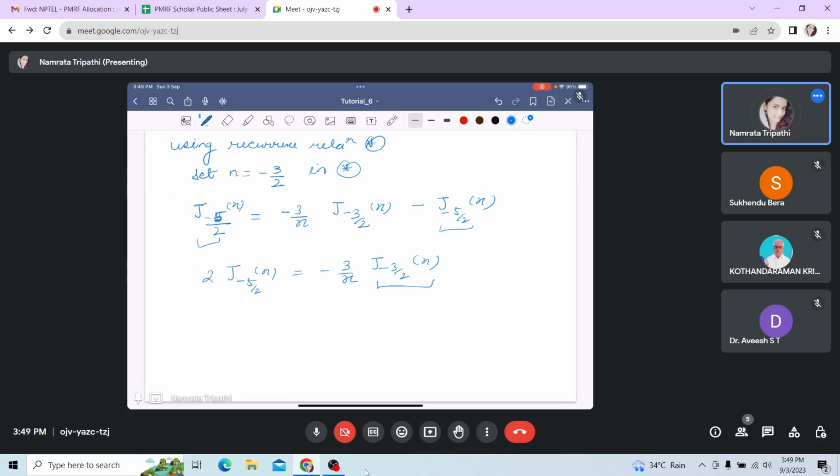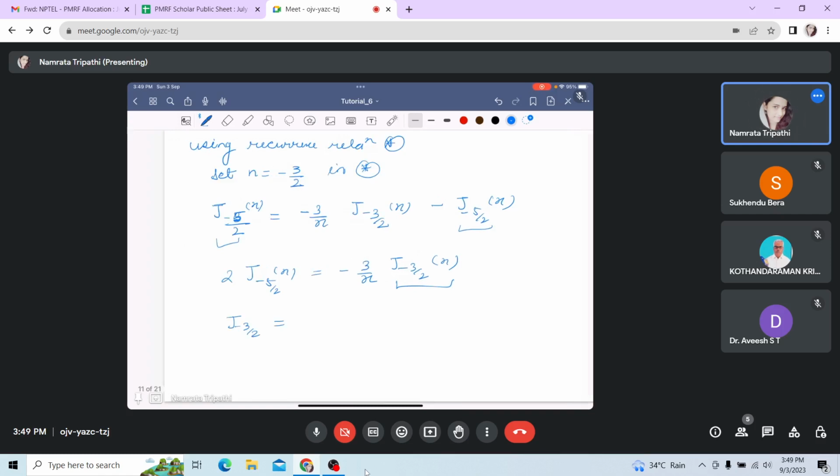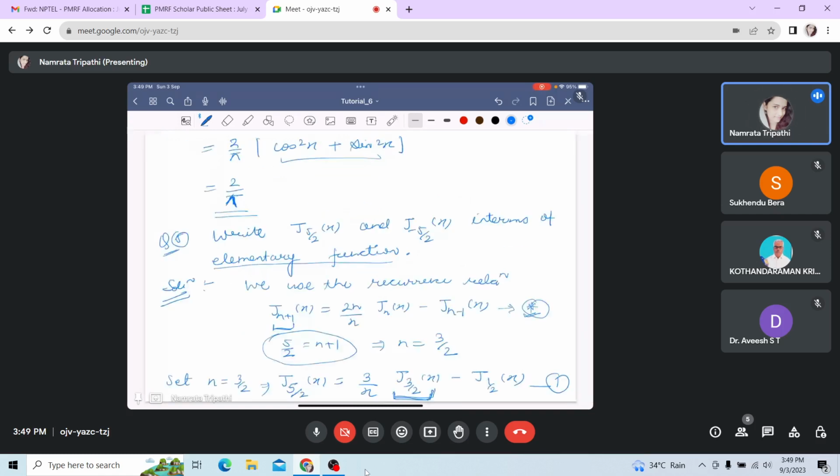So again we'll use the same recurrence relation. We'll put minus 1 by 2, then we'll get z minus 3 by 2. So what is the recurrence relation? 2n upon x. Just wait. What is the recurrence relation? This is the recurrence relation.